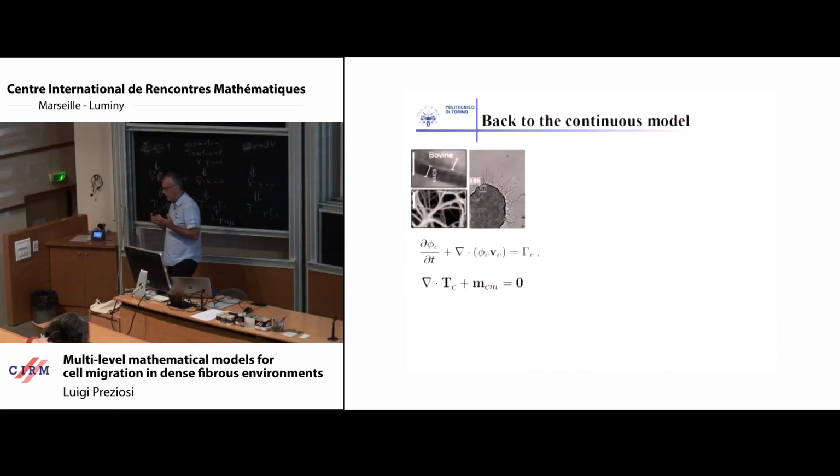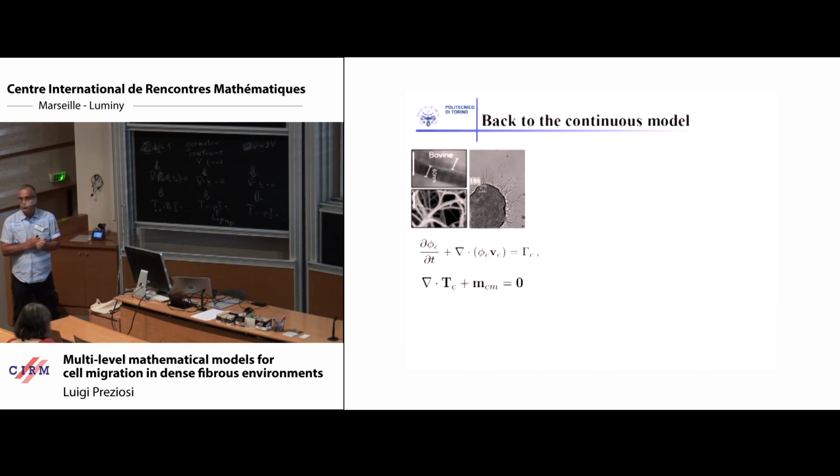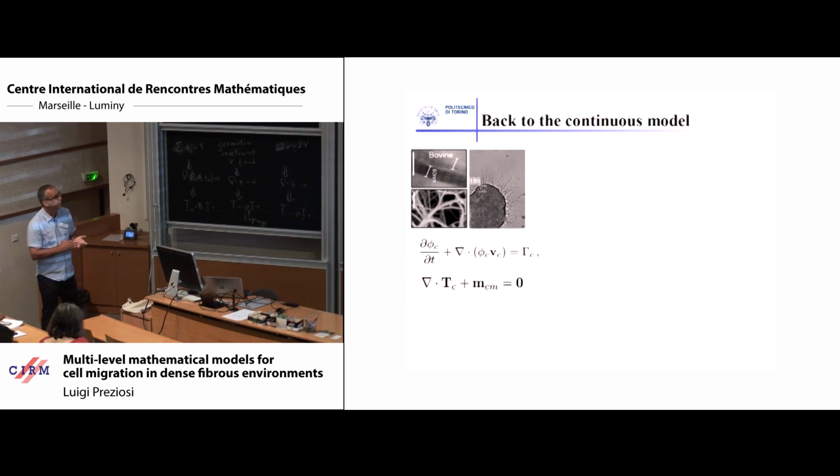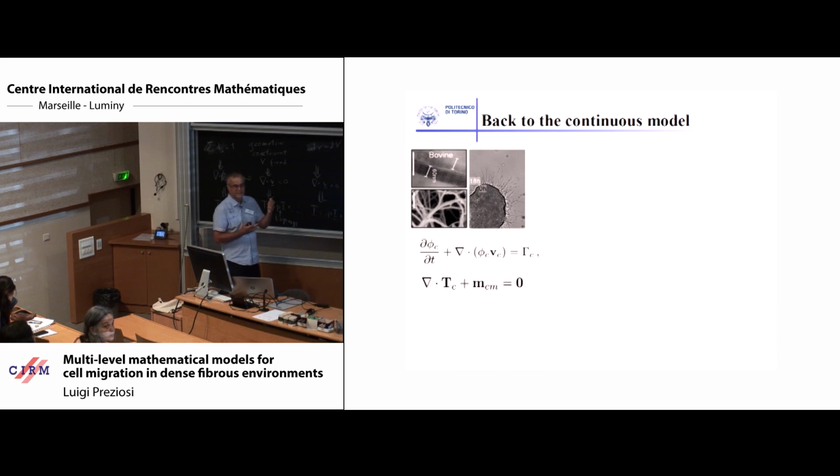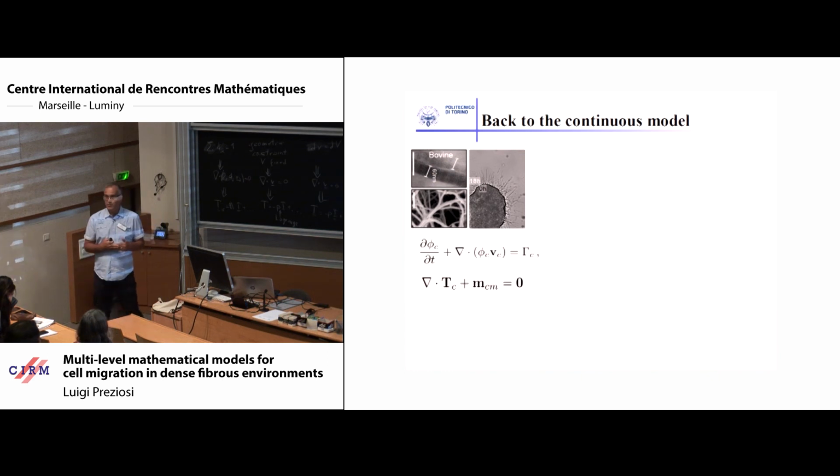Okay. Now, at this point, I have all the basic stuff, and I want to go back to the original problem. This is just the equation for one single cell, the ensemble of cells in this spheroid, in an extracellular matrix, which is assumed rigid.